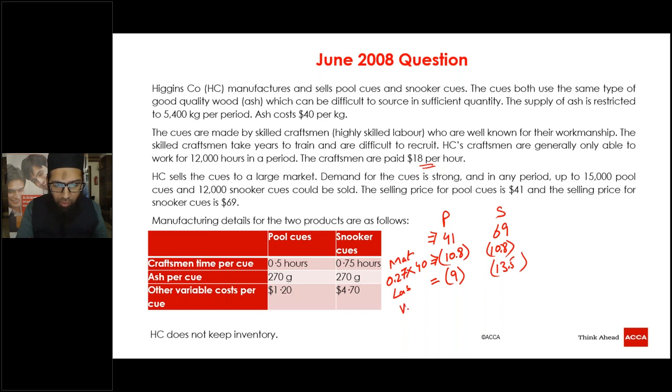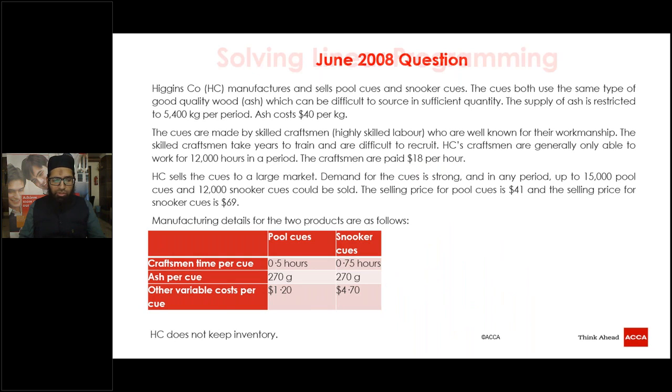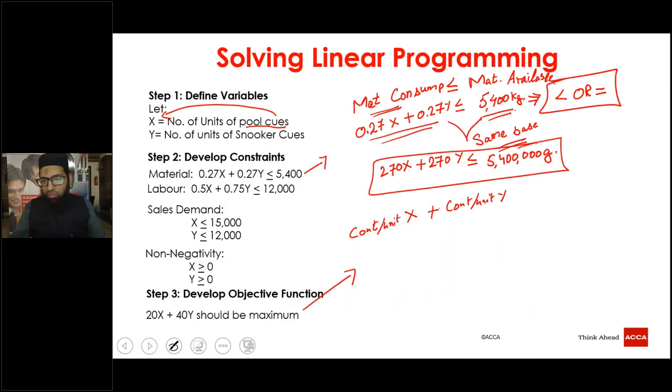And the variable overheads are 1.2 and 4.7. So when we calculate that, the contribution per unit of P is 20 and the contribution per unit of S is 40. So that is how I have made the equation 20x plus 40y.